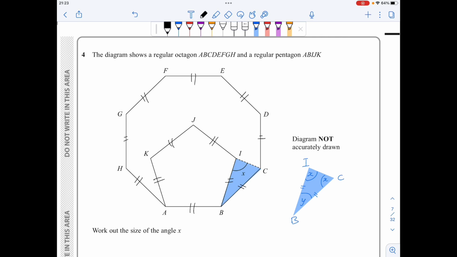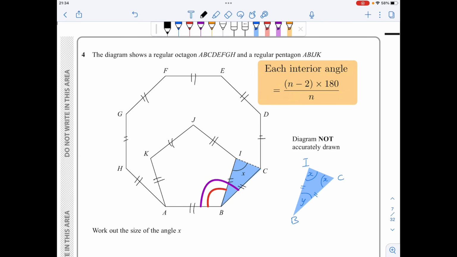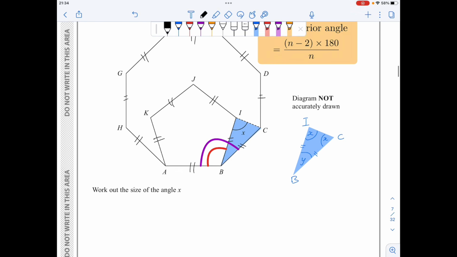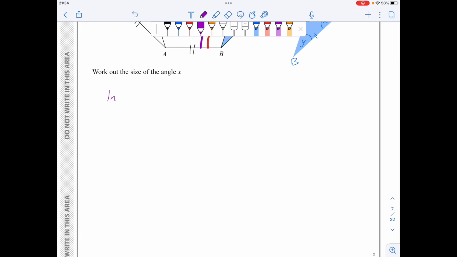Now I'm going to use the formula for each interior angle in a regular polygon, which is the following. To find the interior angle of the pentagon, and then the interior angle of the octagon, and then subtract them to find angle Y and hence angle X. So the interior angle of the octagon is equal to 8 minus 2 times 180 over 8, which gives me 135.